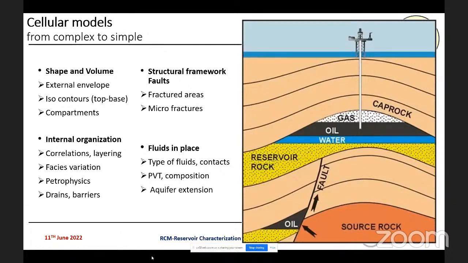Okay. So as we said, when I want to simplify things and change complex to simple, what do I do? I divide it into chunks of tasks. So before initiating a cellular model, we need to apply this principle.